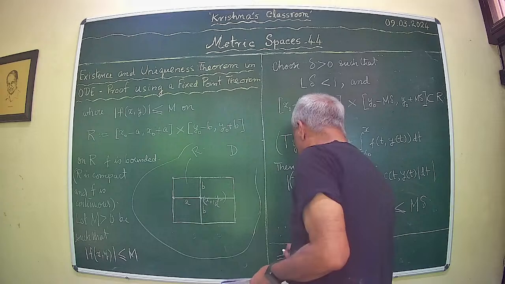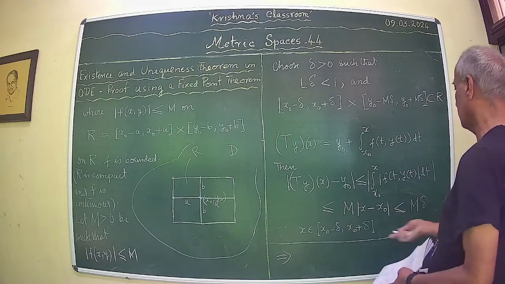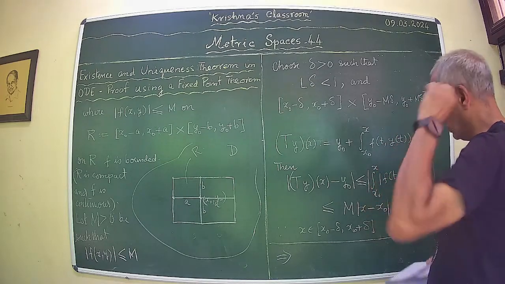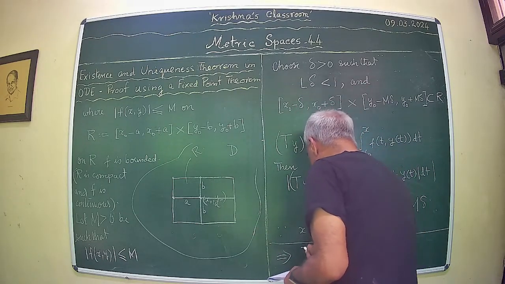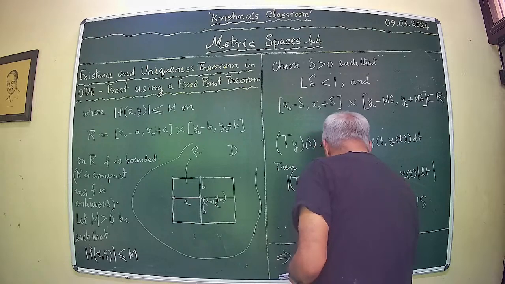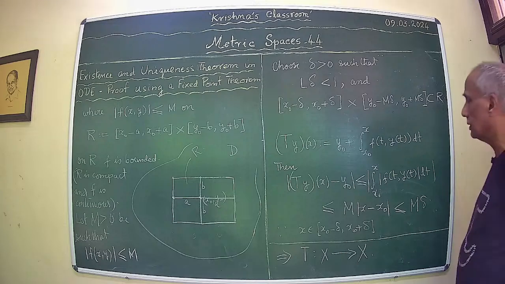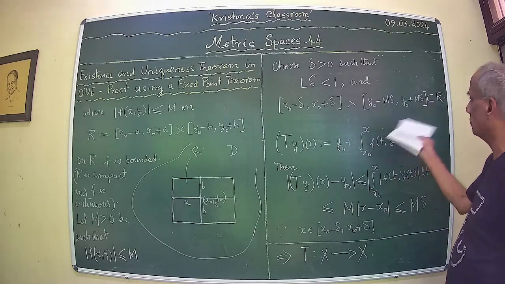Therefore, how have we chosen M? See, this is in R. Therefore, this is less than M delta, which implies T is a map from X into X. Because you see that it maps the point x naught minus delta to x naught plus delta into this.